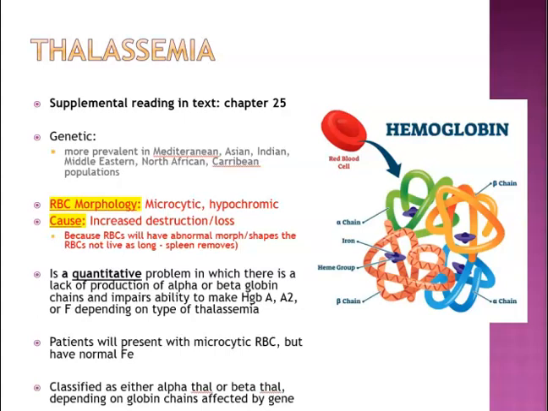And we classify thalassemias as either alpha thalassemias or beta thalassemias, and we'll talk more on slides coming up about the difference between the alpha thals and the beta thals. But it depends on the globin chains that are affected by the gene that's passed on in the patient, whether they're alpha or beta thal. And remember, thalassemia is genetic.